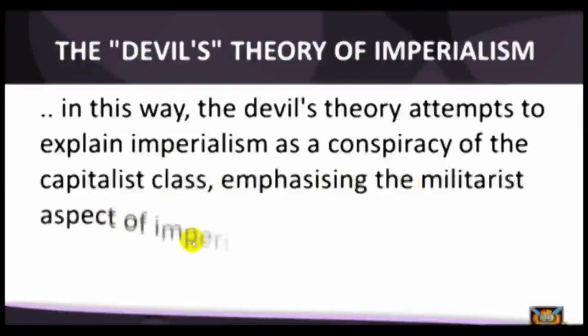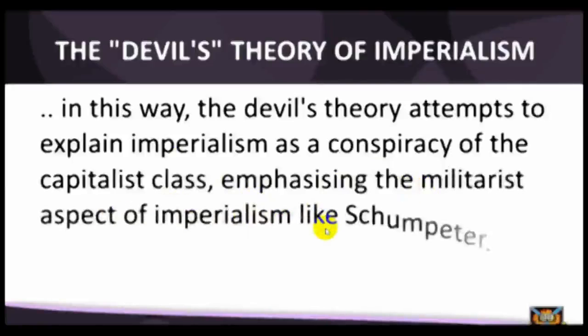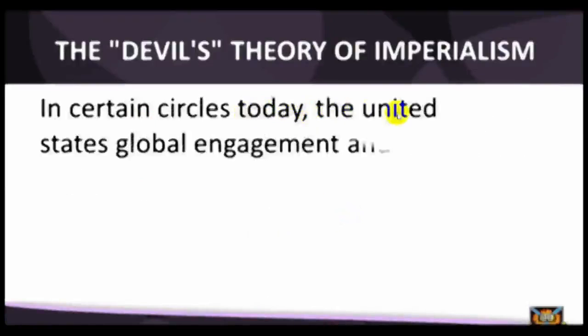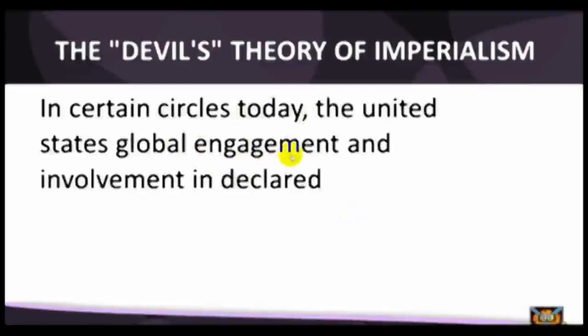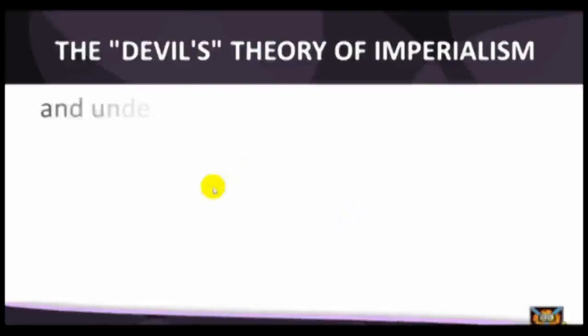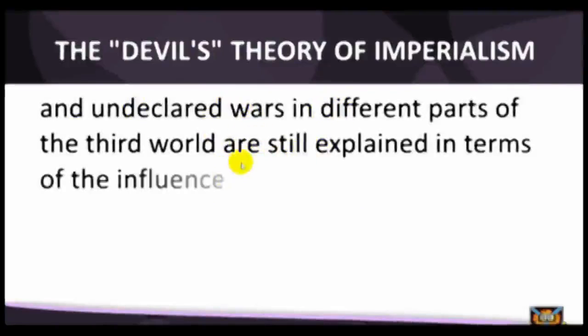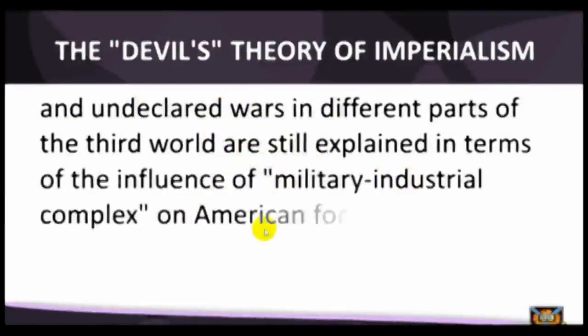Emphasizing the military aspects of imperialism like Schumpeter, in certain circles today, the United States' global engagement and involvement in declared and undeclared wars in different parts of the Third World are still explained in terms of the influence of a military-industrial complex on American foreign policy.